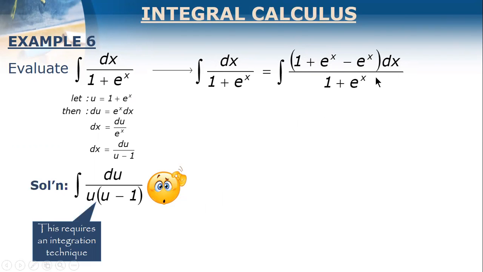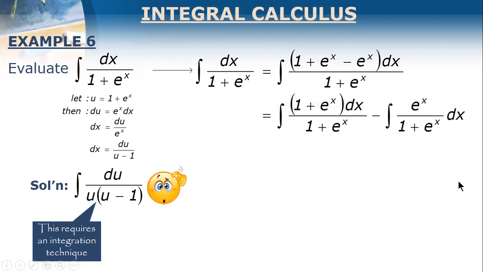But by doing this, we can group this one into this one. 1 plus e to the x is grouped, and e to the x is separated. So, what happens is this. It cancels. And then for this one, okay, because we already have e to the x dx in the numerator.